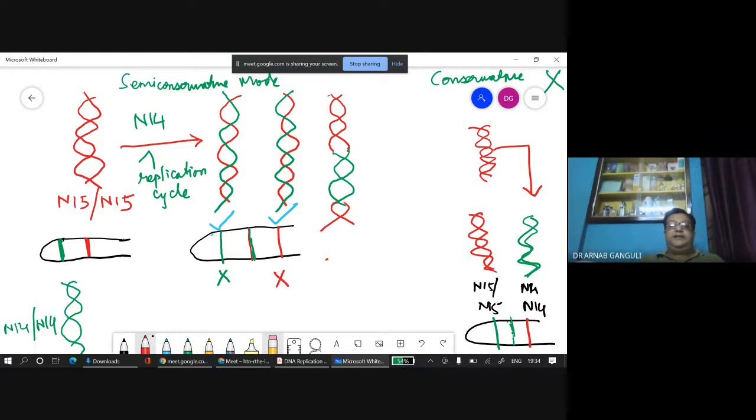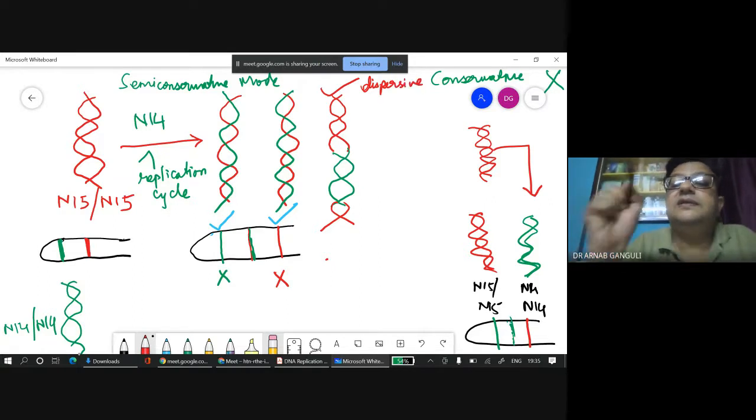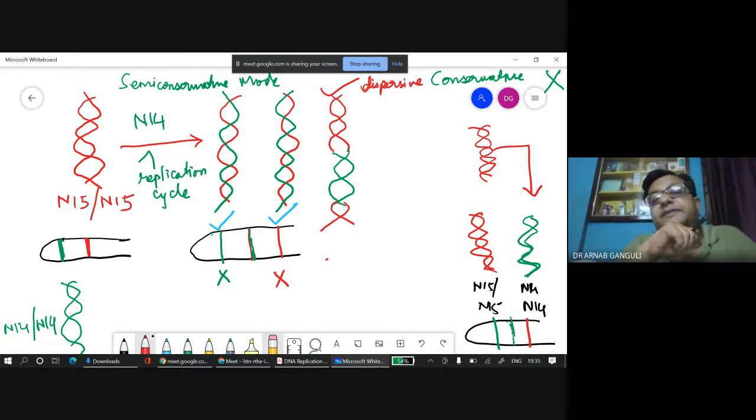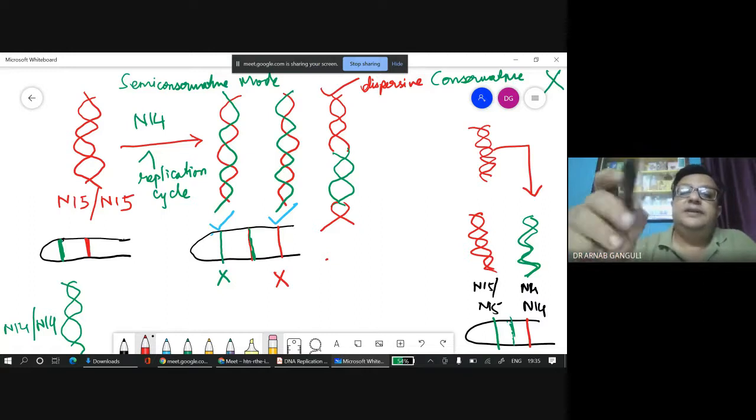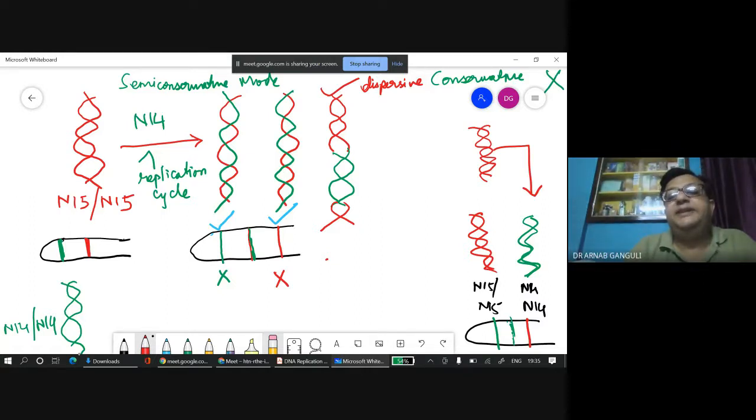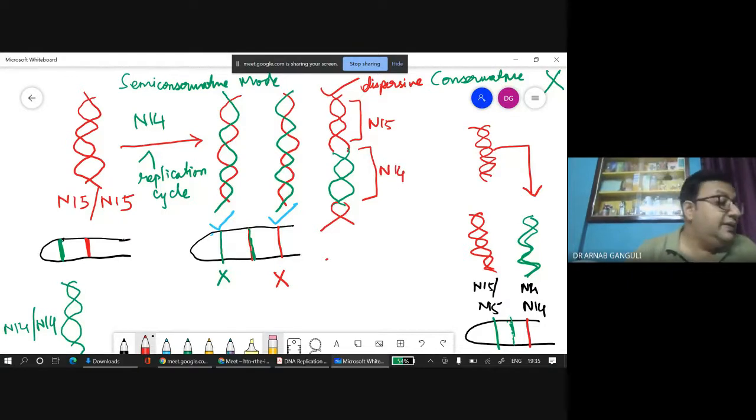If this is dispersive, if this happened, then this is a dispersive. So the central band, when 50% is this much is N15, this part is N14. This would suggest it's dispersive.